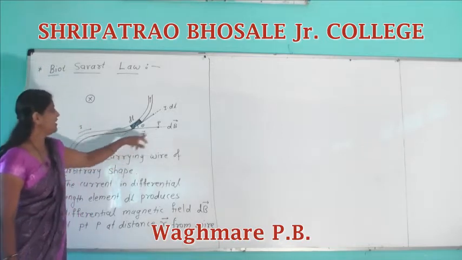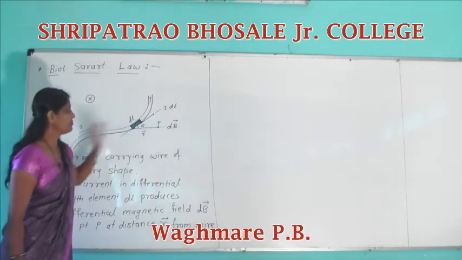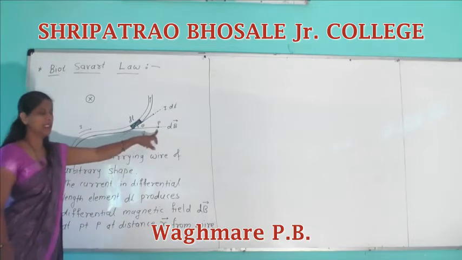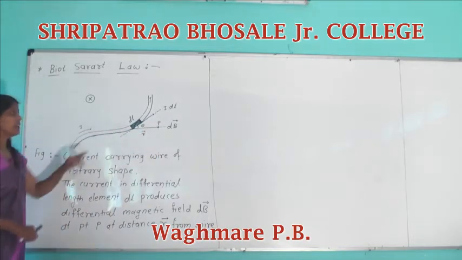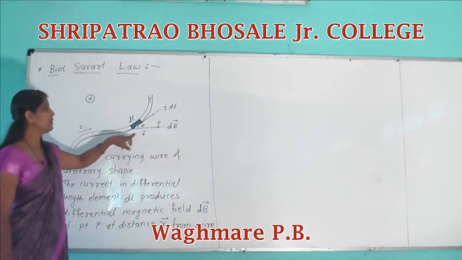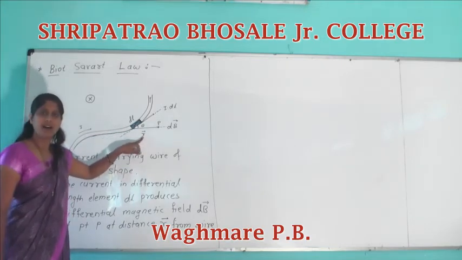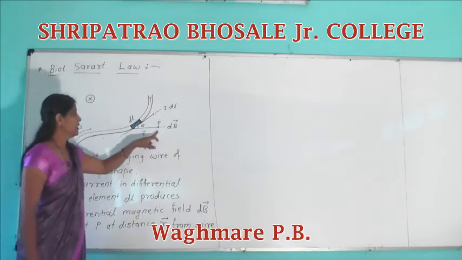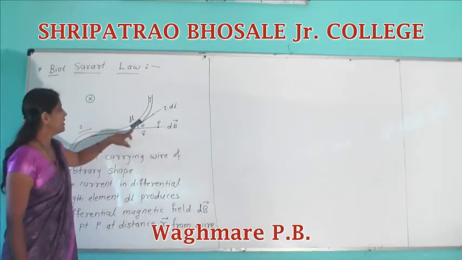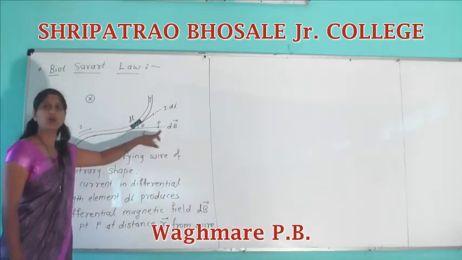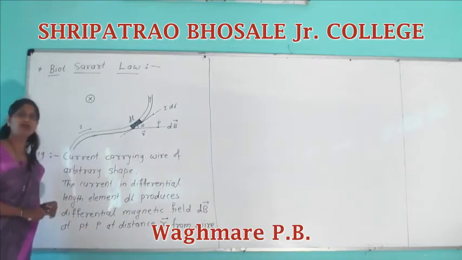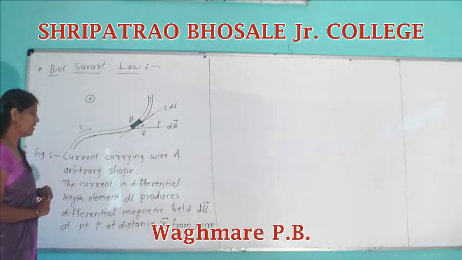Here, vector r is shown. That is the position of this point. Therefore, theta is the angle between the element vector dl and r, that is the distance from the element vector to the point where we have to find the magnetic field.